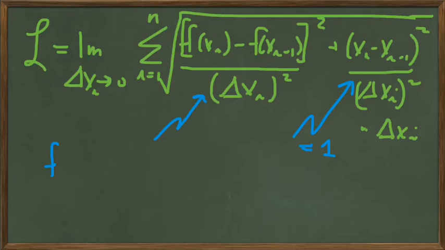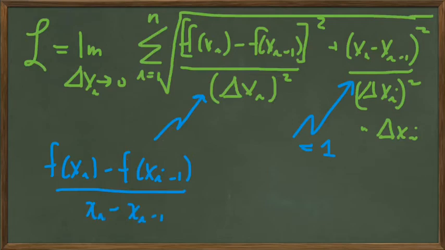If we write it a little differently, f of x i minus f of x i minus 1 divided by delta x i is the same as x i minus x i minus 1, and the numerator and the denominator are squared. But let's put the square on the outside of this, and let's say we're taking the limit as x i minus 1 goes to x i. And that should look familiar.